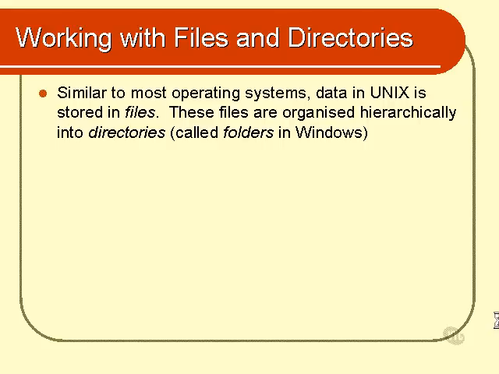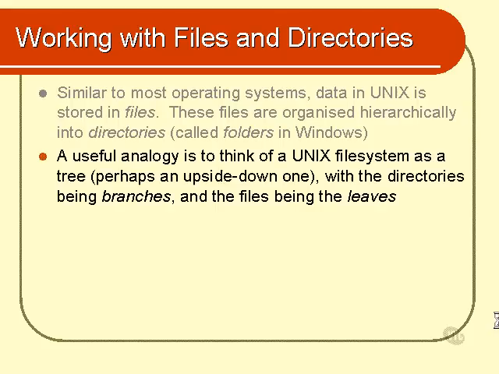In order to better organize these thousands of files, they have been arranged into what we call directories. If you're familiar with a Windows-based system such as Windows 95 or Windows 2000, you would call directories folders. The names are used interchangeably because they mean exactly the same thing. If you're not familiar with directories and files, it is useful to think of a file system, or if you like an entire computer, as a tree of data.